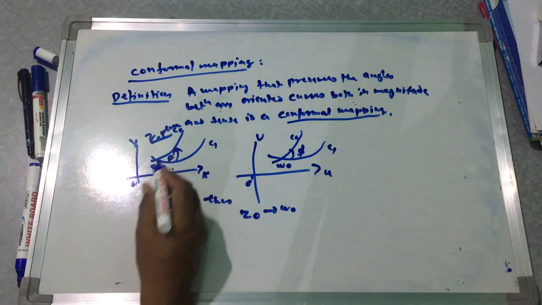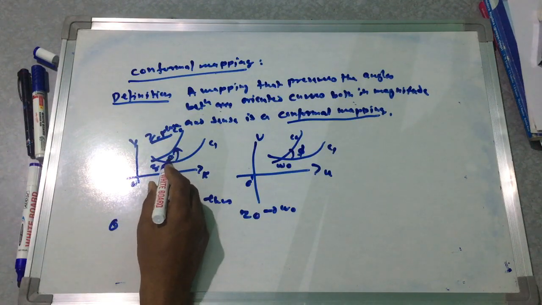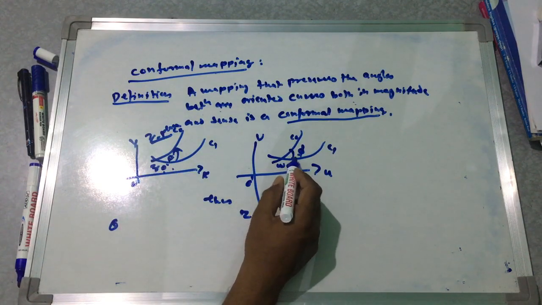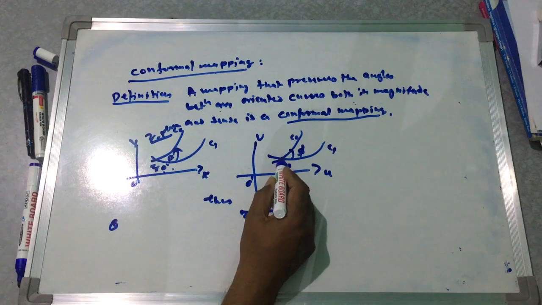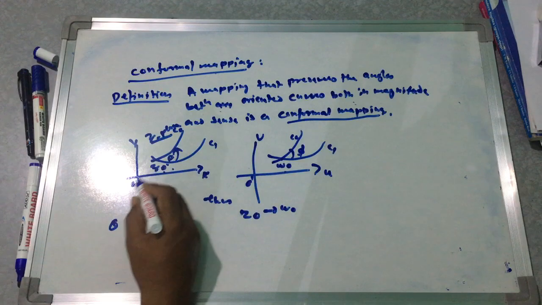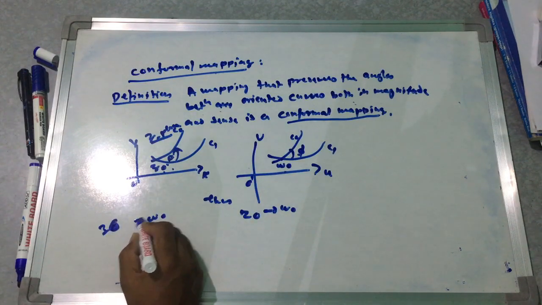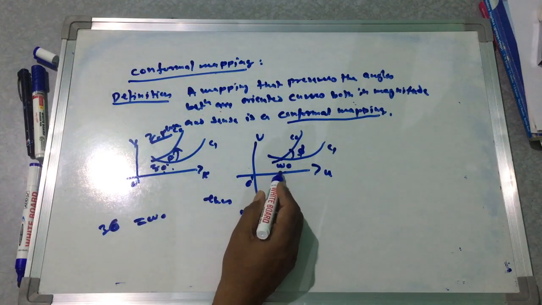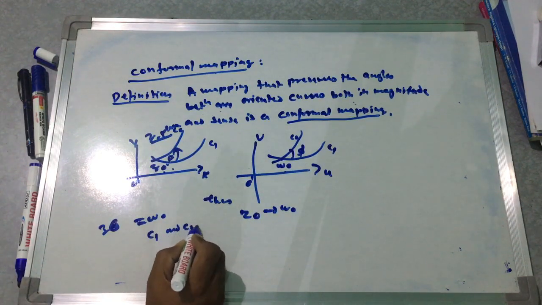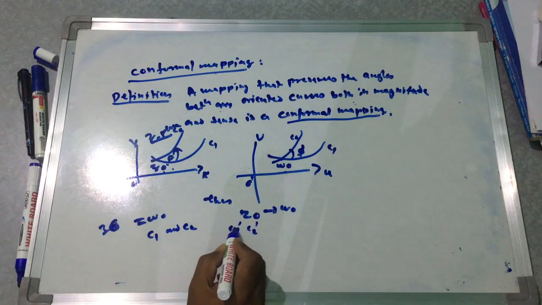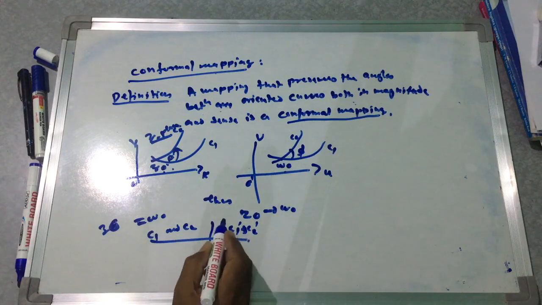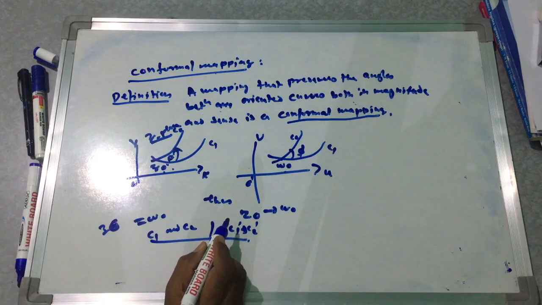this is the angle theta. Intersecting at this point, making an angle. In this figure, these two curves intersect at this point, so Z0 corresponds to W0. C1 dash and C2 dash, both in magnitude and sense.